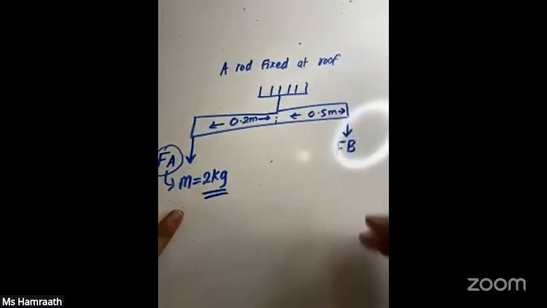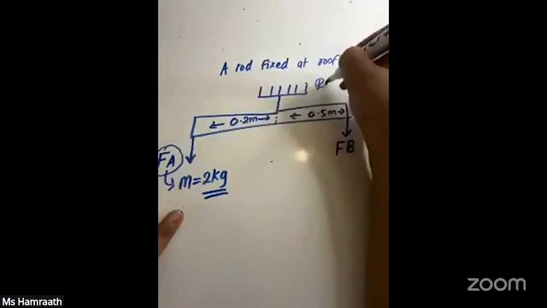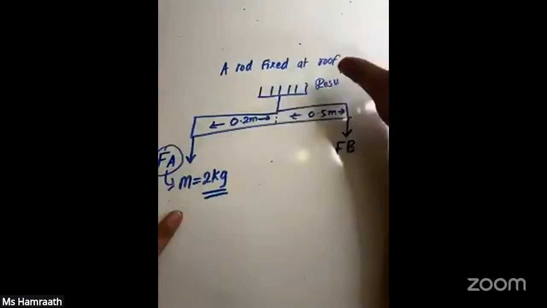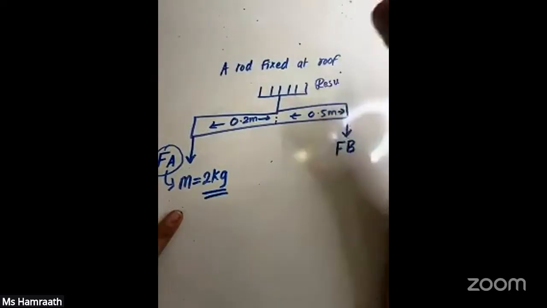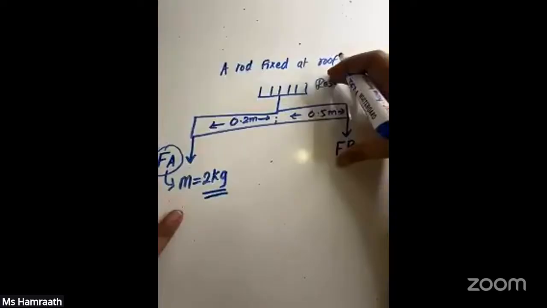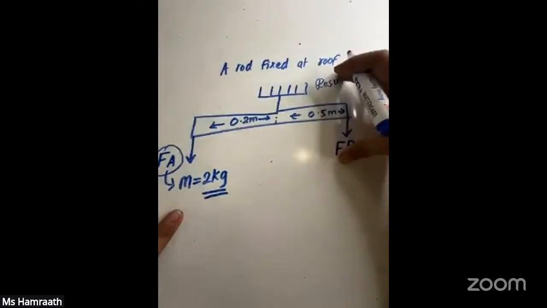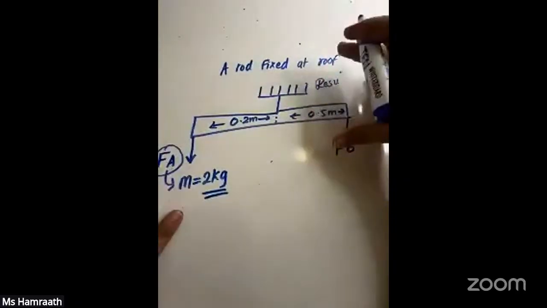So what is your question? They will not ask you to find the resultant moment because they know the resultant moment is going to be 0, since clockwise is equal to anti-clockwise.